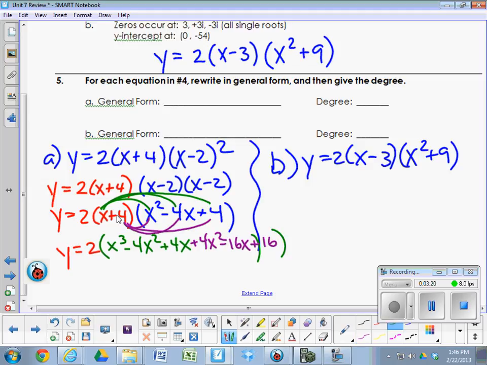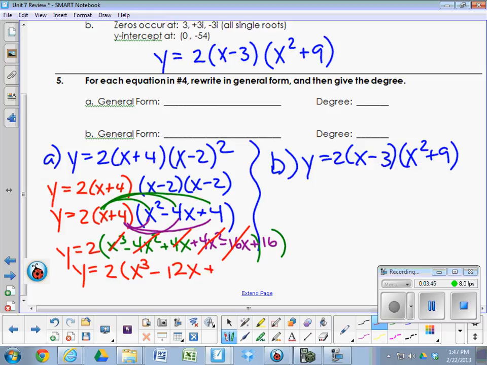Ignore that first parenthesis. Before we distribute that 2, let's clean up the inside of the parentheses. The x cubed doesn't have anybody to combine with. The negative 4x squared and the positive 4x squared cancel. The positive 4x and the negative 16x become negative 12x.